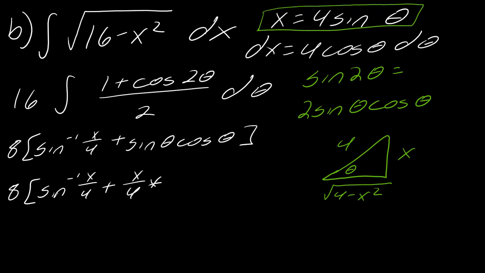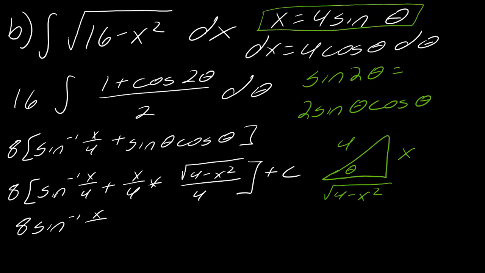And then cosine of theta, so that's going to be the adjacent side over the hypotenuse, and then all of that plus c. Okay, and so now I can finally rewrite this. So this will be 8 inverse sine x over 4 plus this will be 8 over 16. So I'll just go ahead and write this as 1/2.